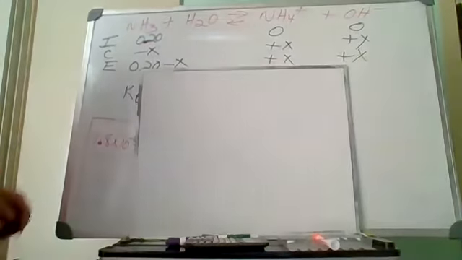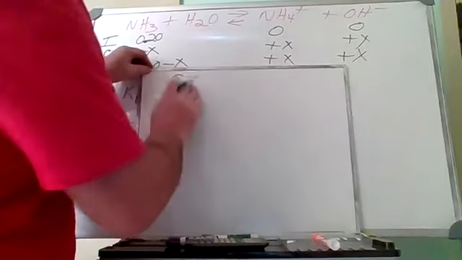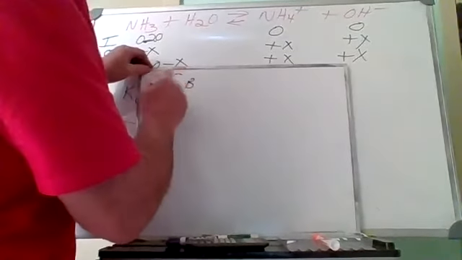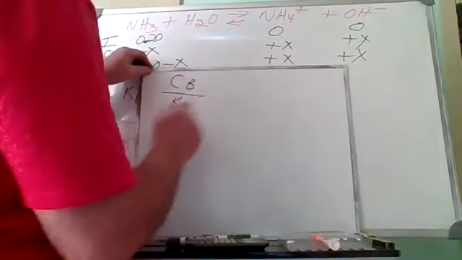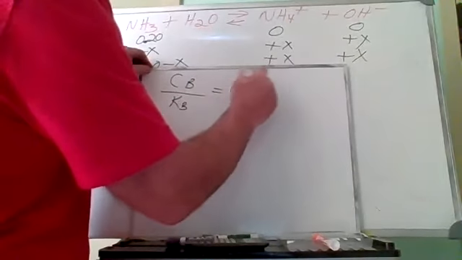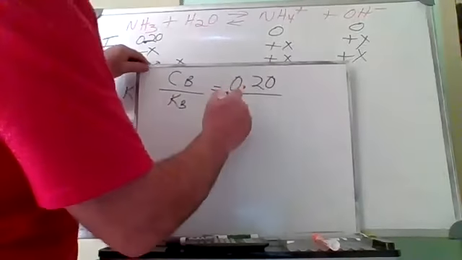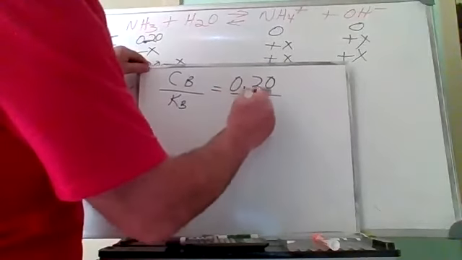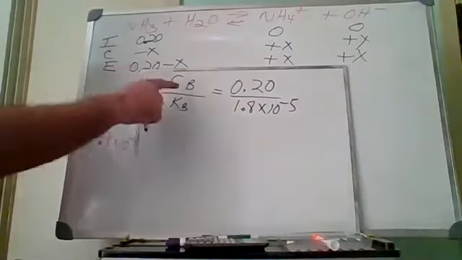So let's go ahead and do that. So the Ca, in this case it's Cb, C base, divided by Kb equals 0.20 divided by 1.8 times 10 to the negative fifth. Everybody understands where these numbers come from.